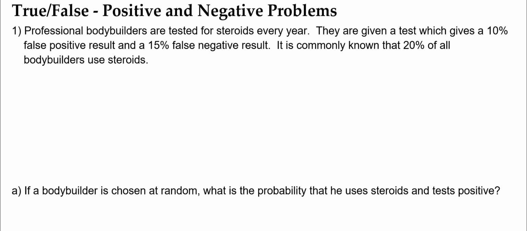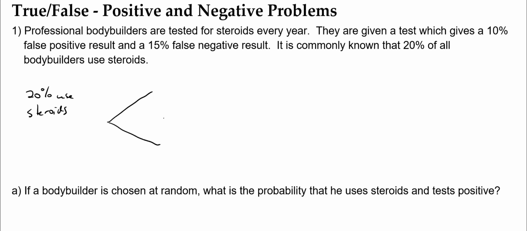So basically, this is how I'm going to make a tree diagram here, and let me just write out here. So 20% of the bodybuilders use steroids. I'll call it roids because it's just easier to use. Okay, so I'm going to kind of branch off here.